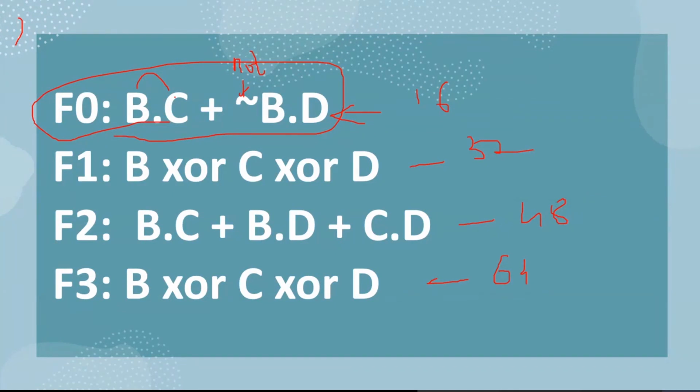Now, suppose we are in round 18 going to round 19. What function will be used? This function, that is F1, because we are in stage 1 now.